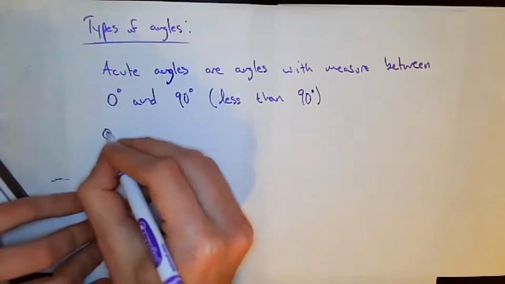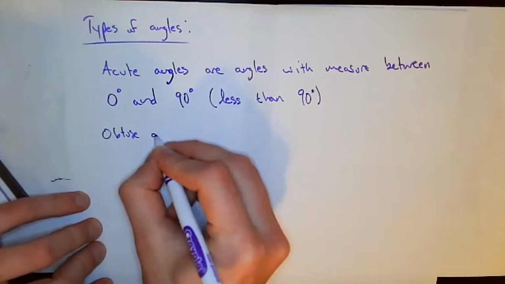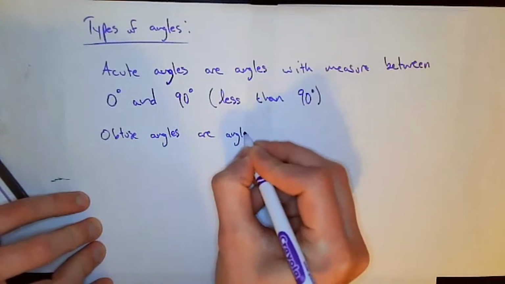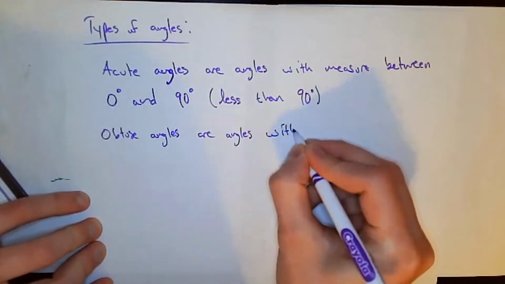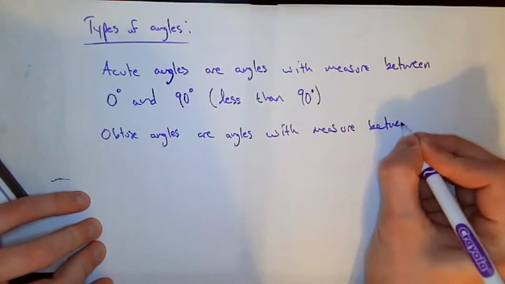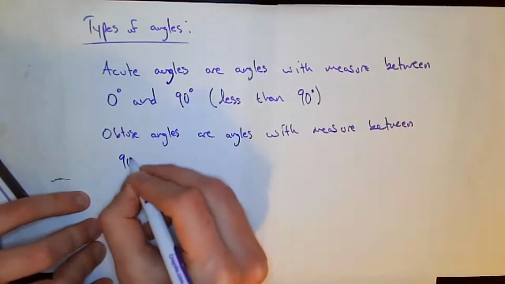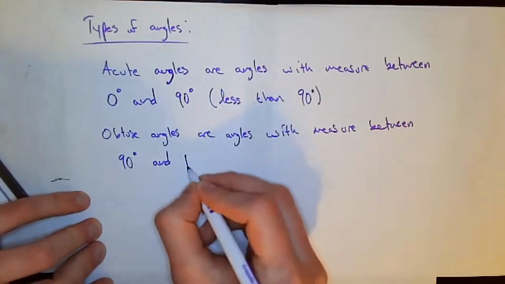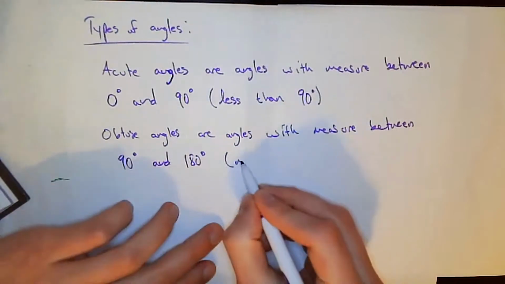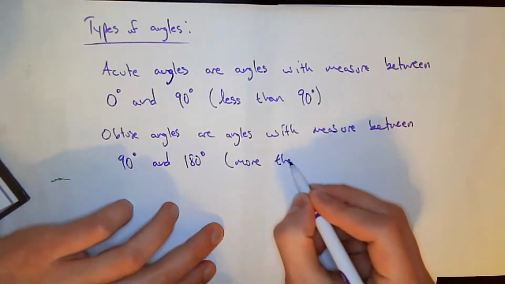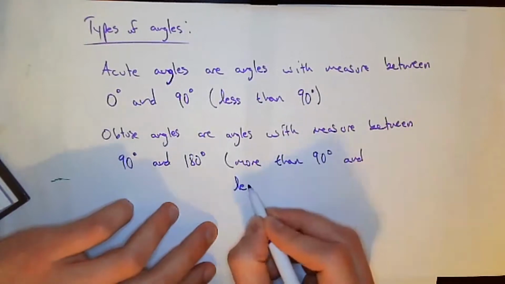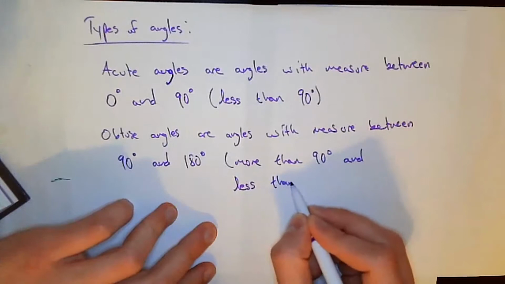Obtuse angles are angles with measure between 90 degrees and 180 degrees. I should say more than 90, so it can't exactly be 90 degrees, and less than, so it cannot be exactly 180.